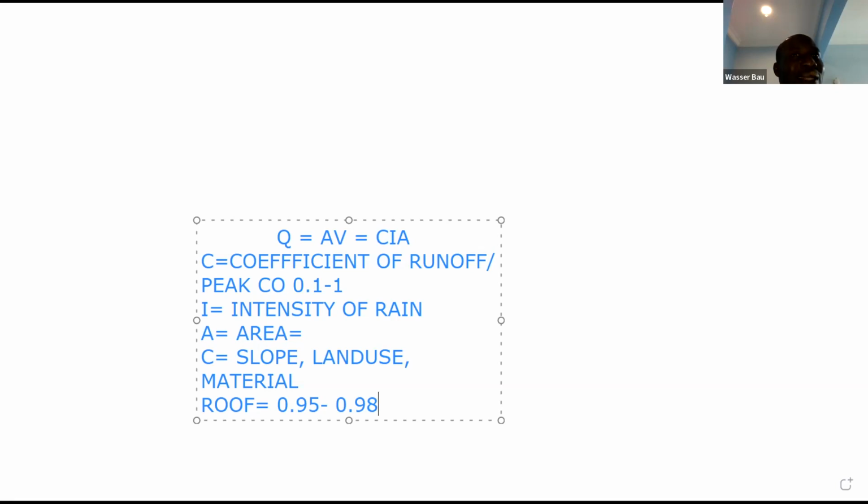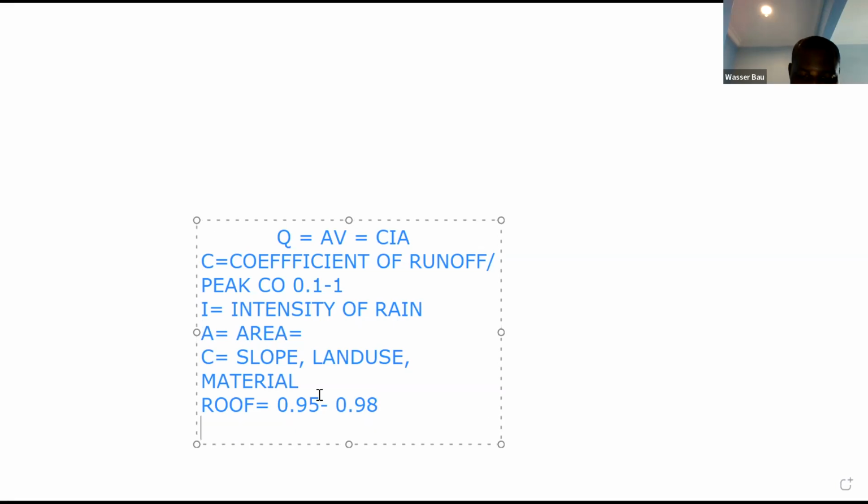And once C is 1, it means A is A. But C is meant to reduce the area A by considering the land use of A, the material makeup, the hydraulic conductivity, and then the slope of the land. Now, a garden has a runoff coefficient of 0.2.